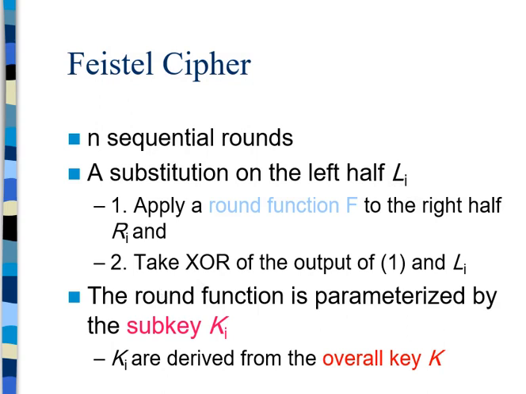We also have a function f which is used in each round, and we also need some keys, depending on the number of rounds. Those keys are derived from the overall key. Okay?